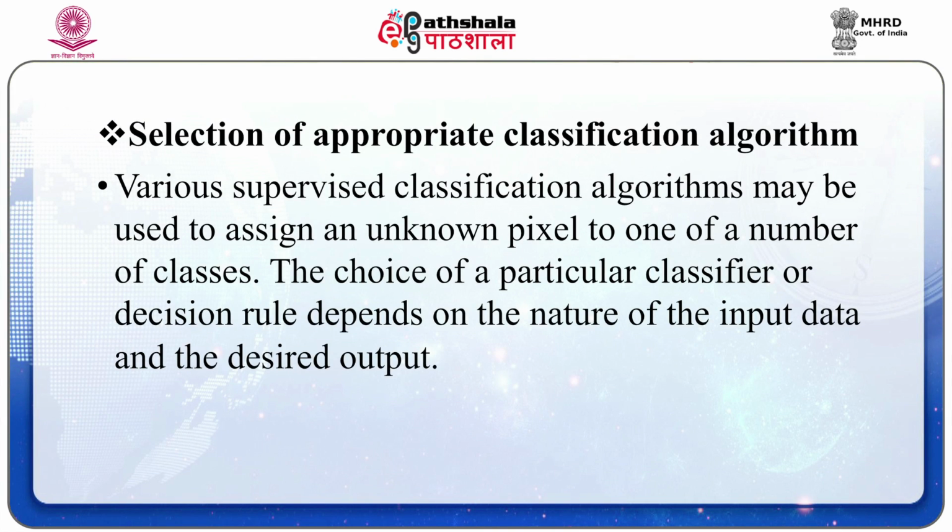Selection of appropriate classification algorithm. Various supervised classification algorithms may be used to assign an unknown pixel to one of a number of classes. The choice of a particular classifier or decision rule depends on the nature of the input data and the desired output.